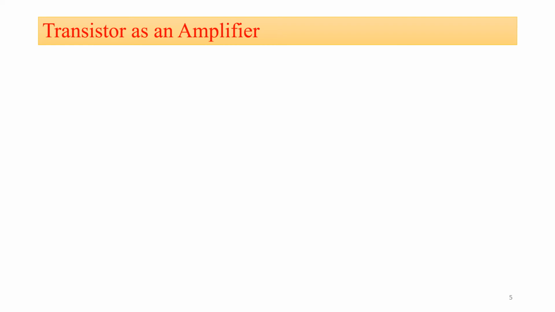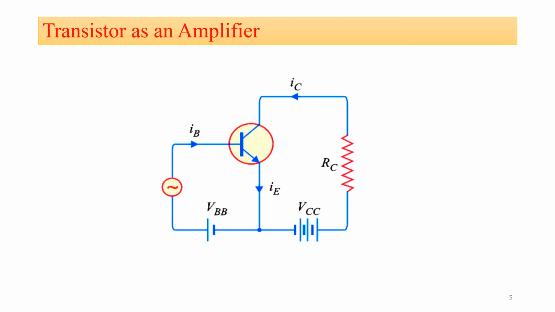Now let's design the circuit of our common emitter configuration in active region. Now this circuit shows the common emitter configuration using an NPN transistor. And here VBB and VCC are the external biasing voltages to operate our transistor in active region.